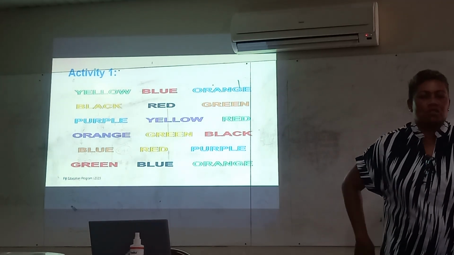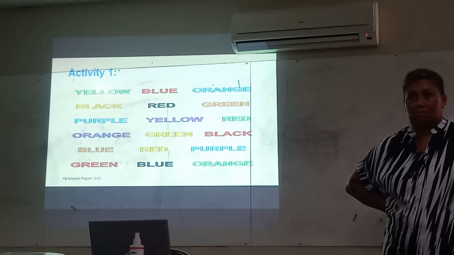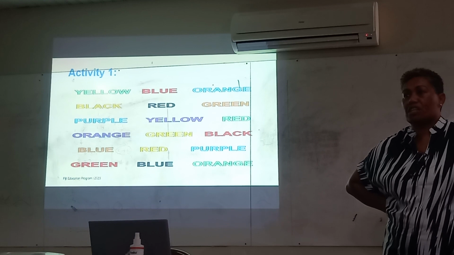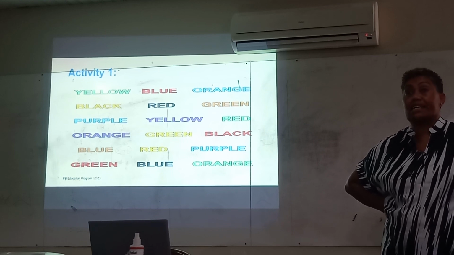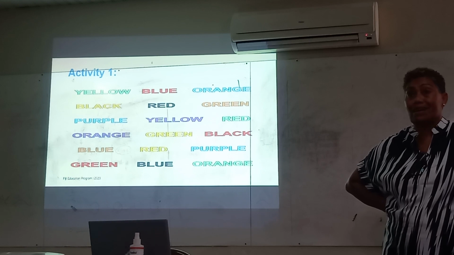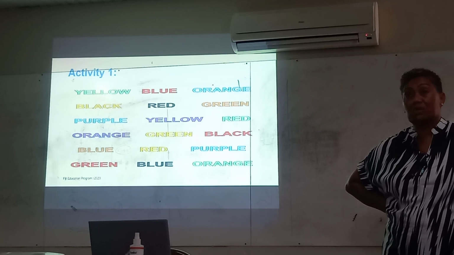For those primary school teachers, would you say that they are fluent readers? No. Because they keep stopping after each word. Why is that? Because your brain is processing what you're seeing. Right? And that's how the brain works.